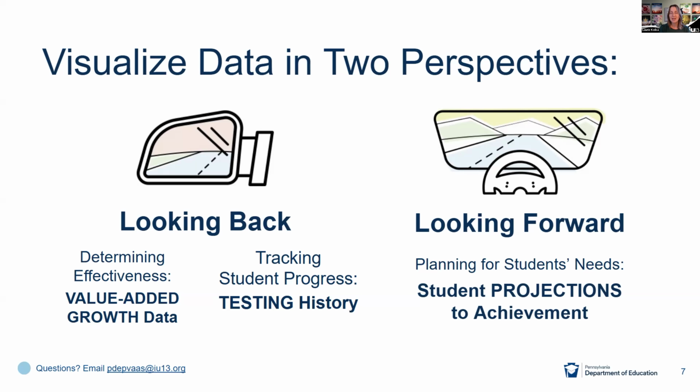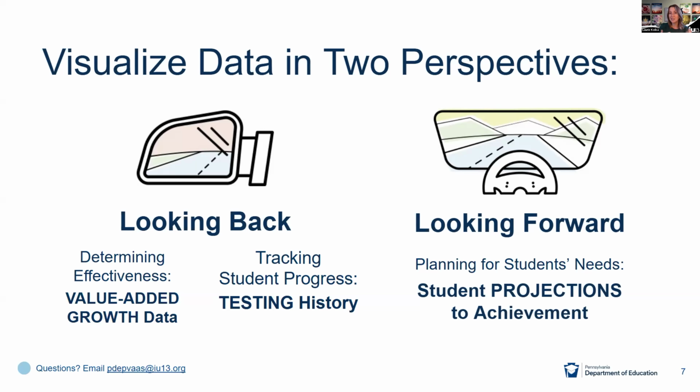The next big bucket of analysis that PVOS provides is what we would call looking forward, or projections. So what these are, we're able to use our analysis to make a prediction for how well each one of your students will score on an assessment that they haven't taken yet, an upcoming assessment. So, for example, your currently enrolled fifth graders, we have a prediction or a projection to how they might score on the fifth grade PSSA ELA.